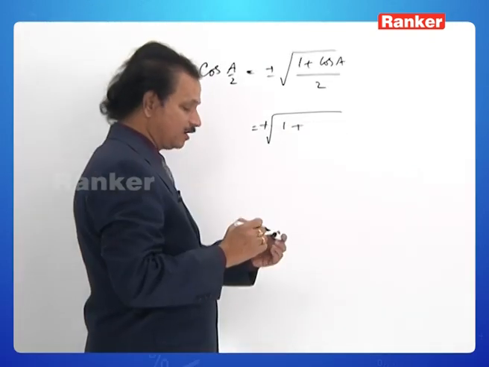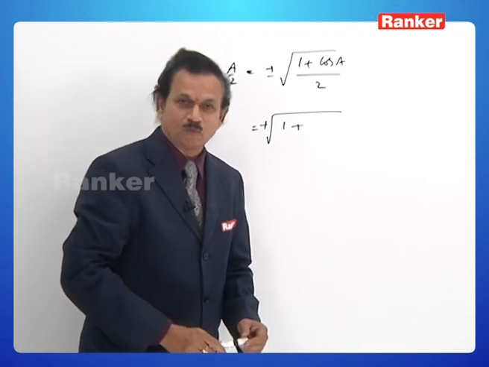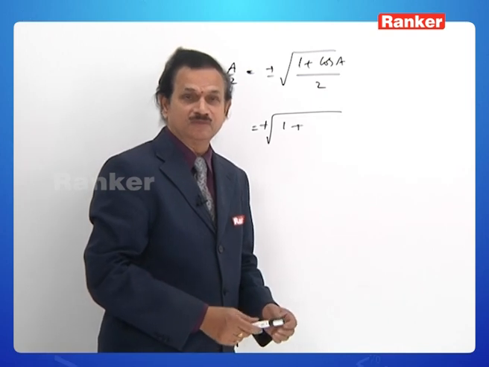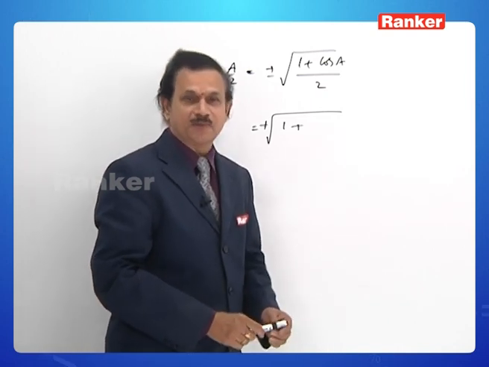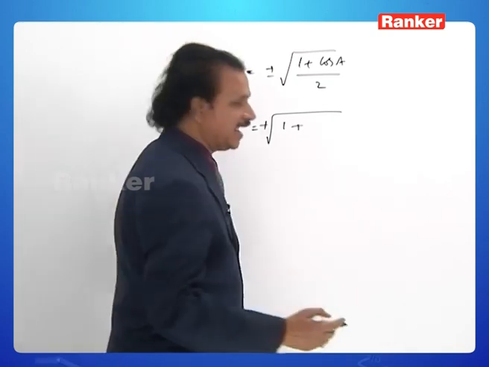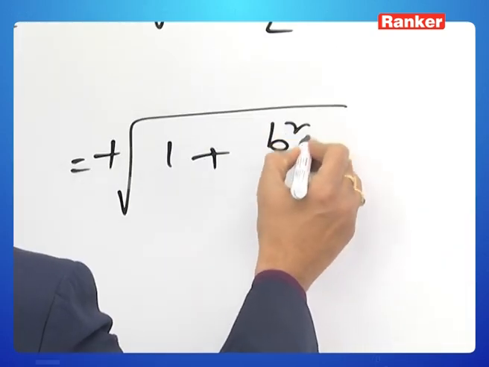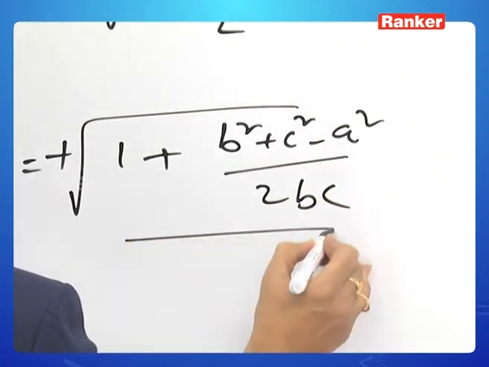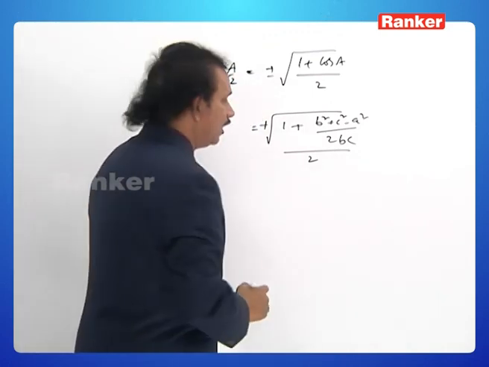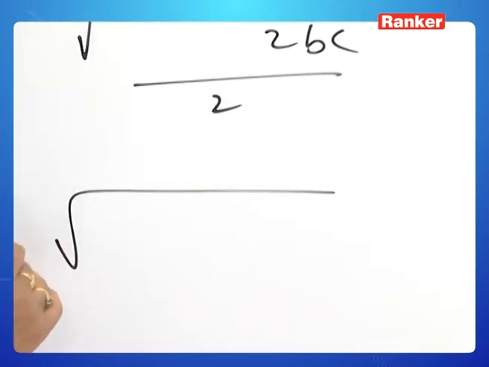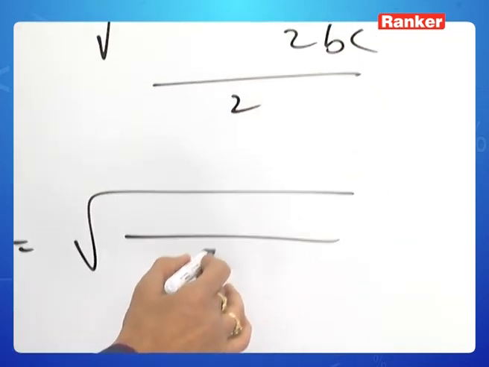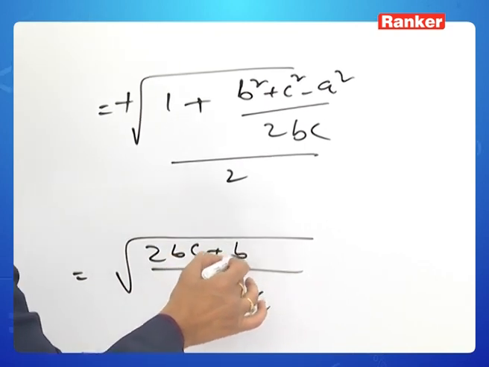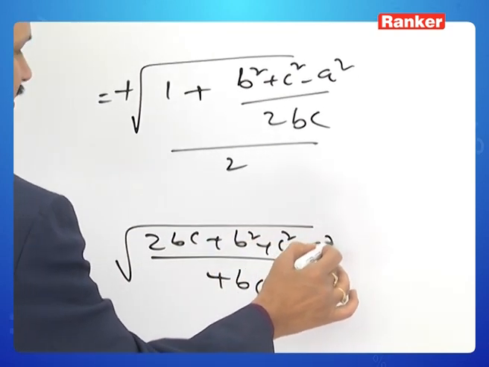1 plus, come on, what is cos A? From cosine rule 2 of the same chapter, that is properties of triangles, cos A is nothing but (b square plus c square minus a square) by 2bc, the whole divided by 2. This is nothing but root of, LCM is 2bc into 2 is 4bc, (2bc plus b square plus c square minus a square).